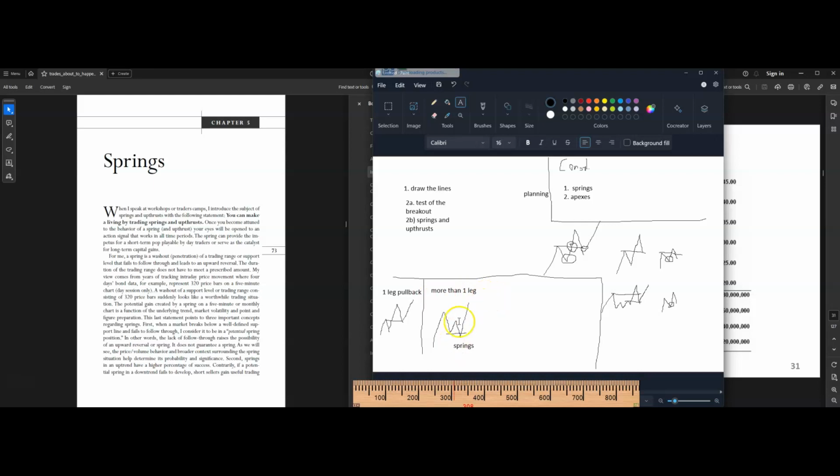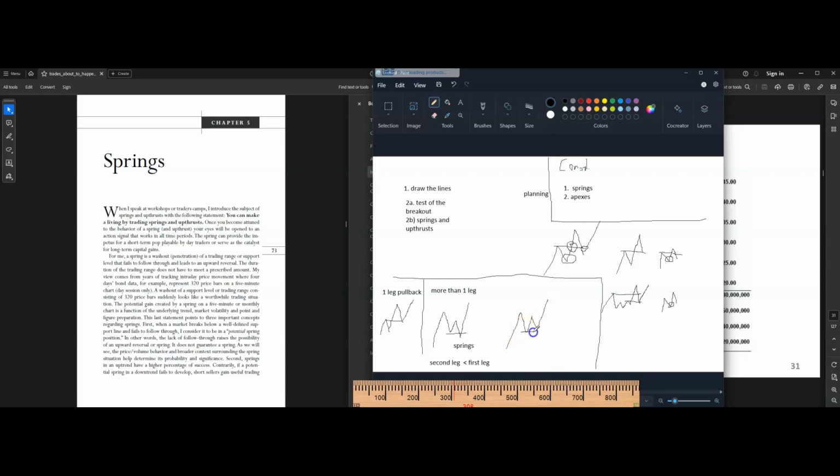So when you have more than one leg, the second leg is less than the first leg. All right. The next scenario is the second leg is higher than the first leg.